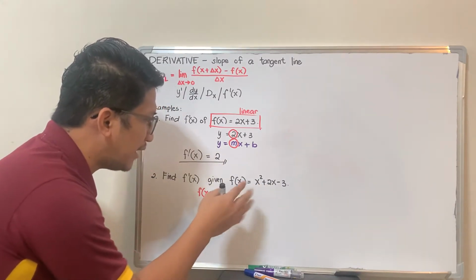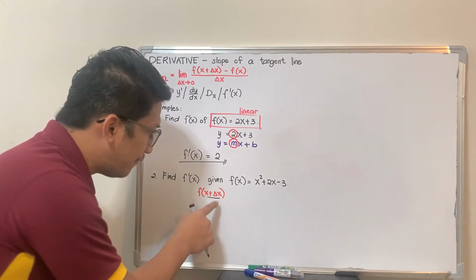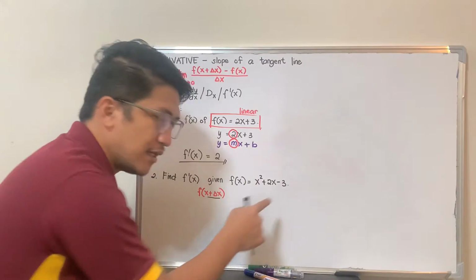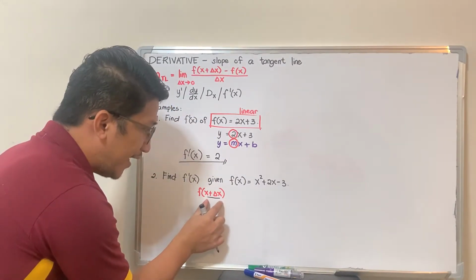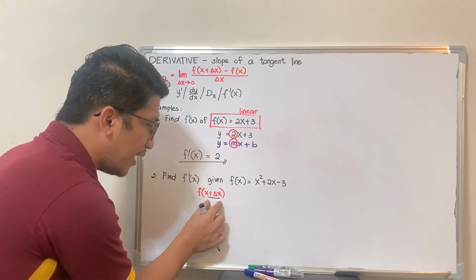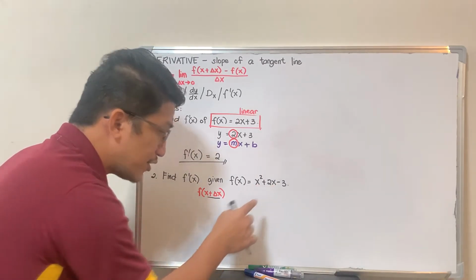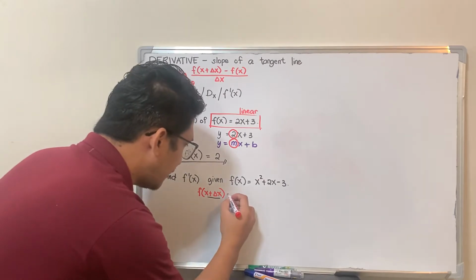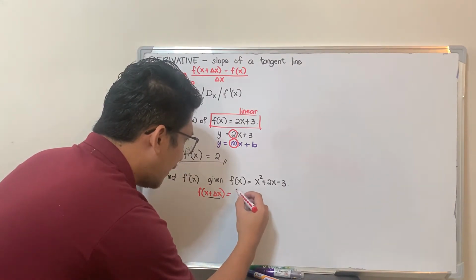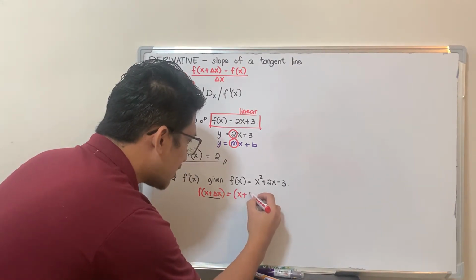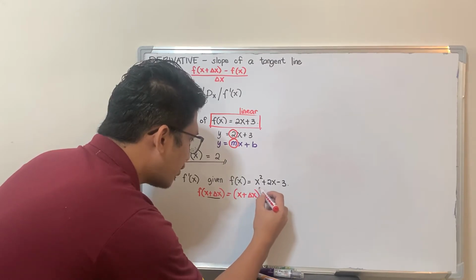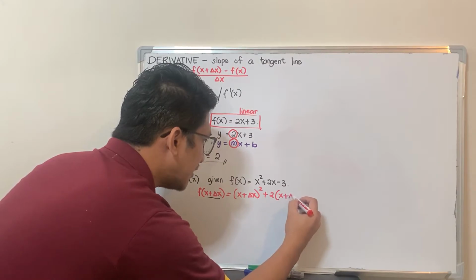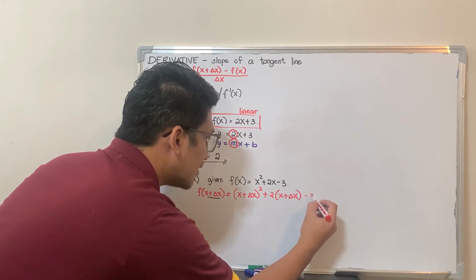That's why we have f of 2. If it is 5, then it is f of 5. Now notice that it is x plus delta x, so every x becomes x plus delta x. In other words, f of x plus delta x is equal to x plus delta x squared plus 2 times x plus delta x minus 3.